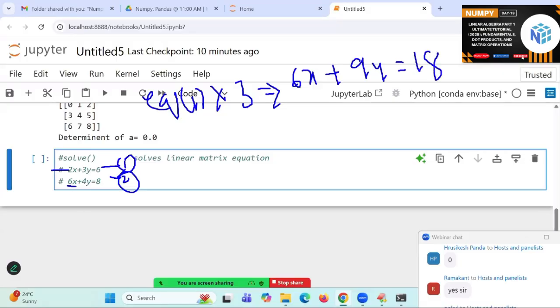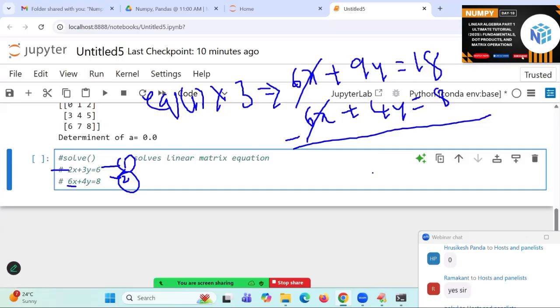What is the next value here? 6x plus 4y is equal to 8. Now I'm going to subtract these values. 6x cancelled. What is the value here? 5y is equal to 10. y is equal to what? 2. 10 by 5 is called what? 2.